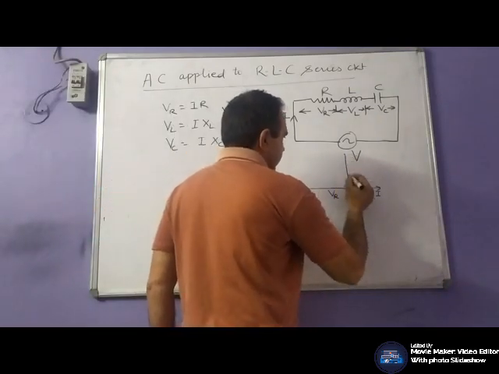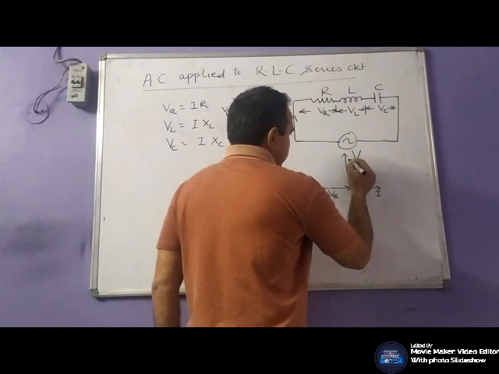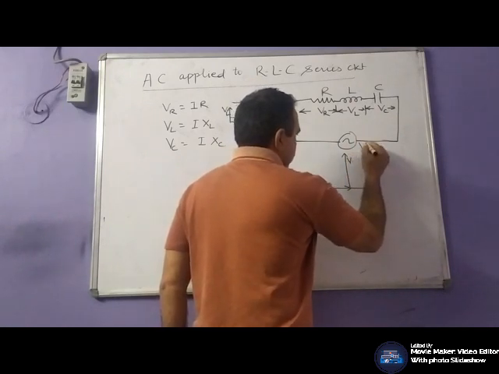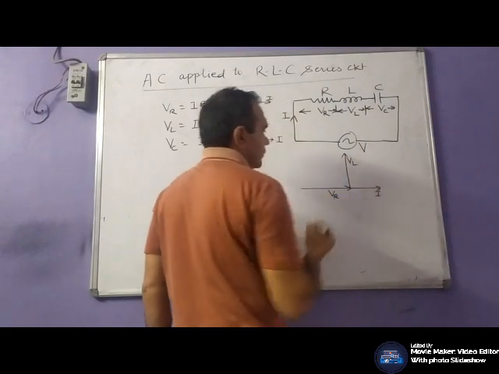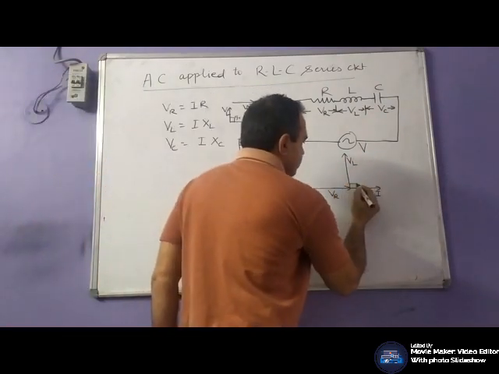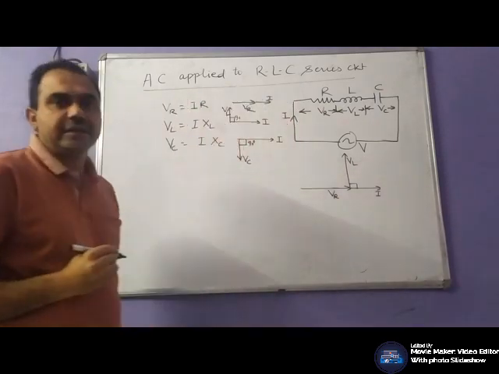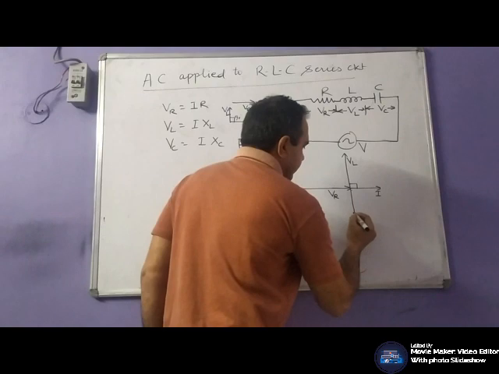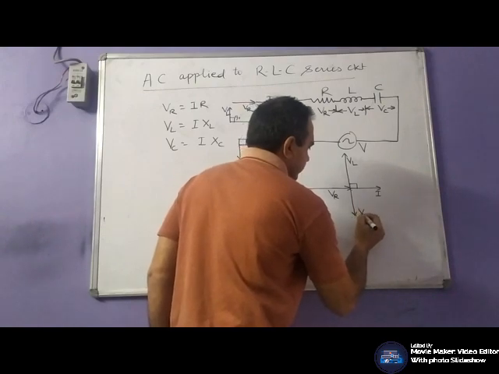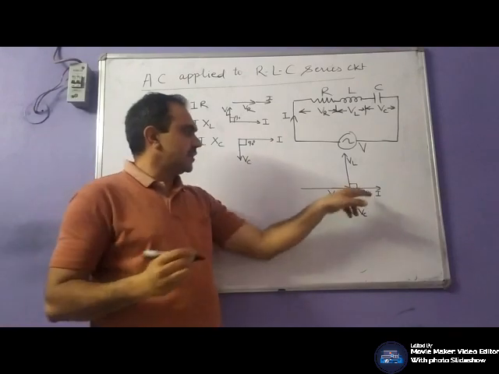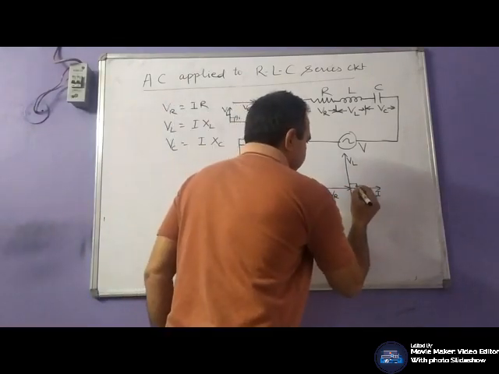In the inductor, VL leads or current lags by phase angle of 90 degree, and VC, current leads by an angle of 90 degree.